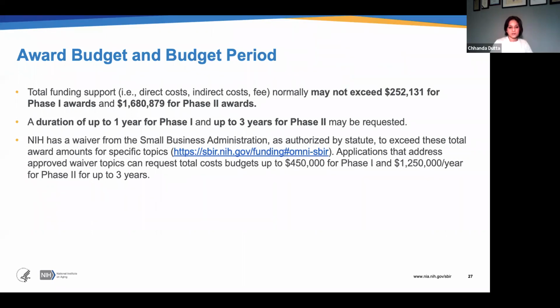In that regard, your total cost budgets for phase 1 may be up to $450,000, and for phase 2, $1.25 million for up to 3 years.